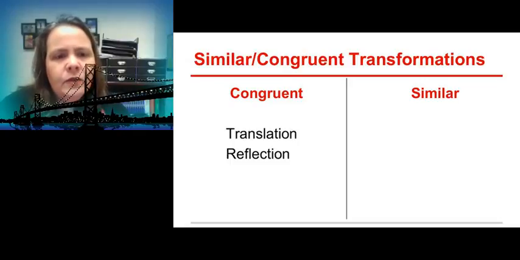Reflections create congruent figures. And a rotation, does it preserve the size and the shape? And yes, rotations create congruent figures. And then similar, our dilations create figures that have the same shape. A triangle still looks like a triangle, but it's either going to get smaller or larger.